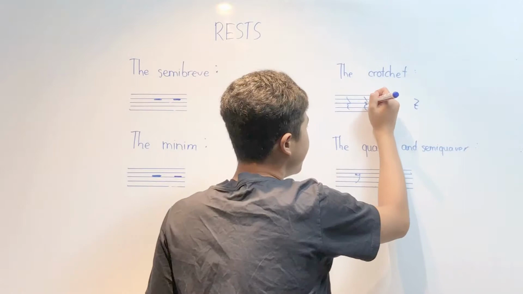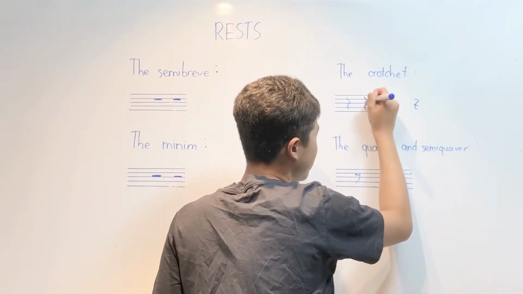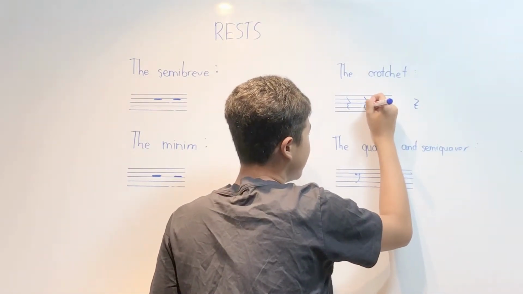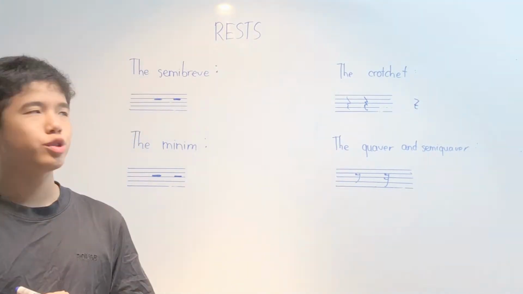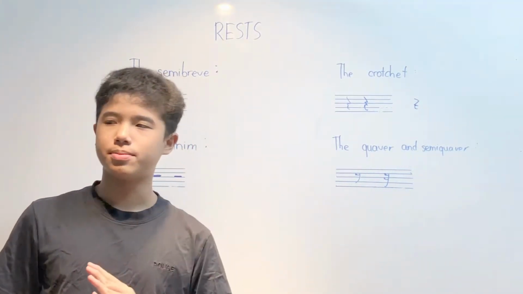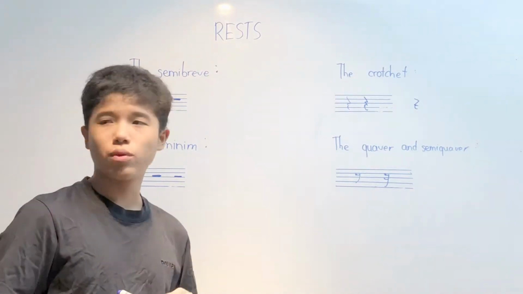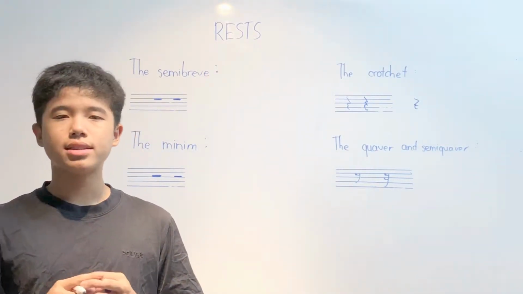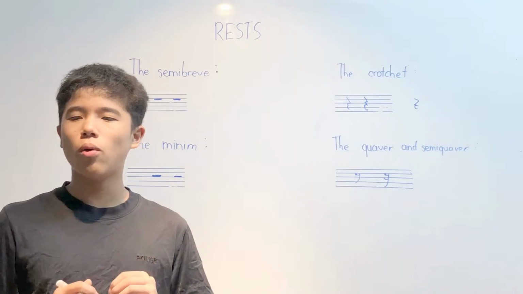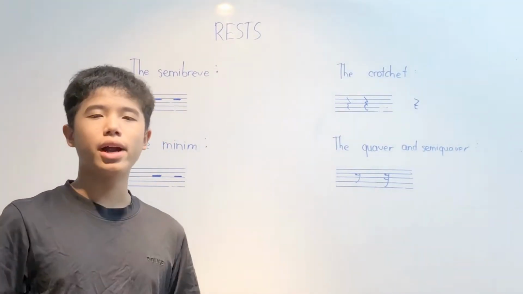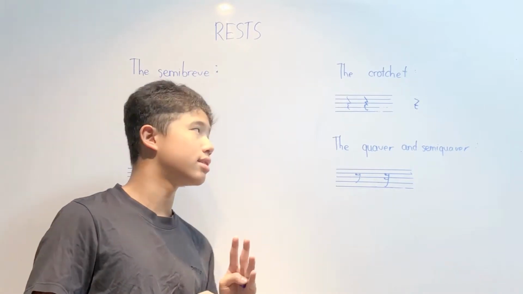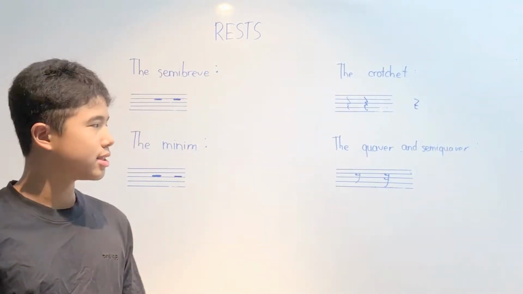You can see here's the Z, here's the Z, and here's the C. Keep drawing the crotchet rest because it is the hardest one to draw, but you have to know how to draw it because in the exam they require you to draw all of these rests.